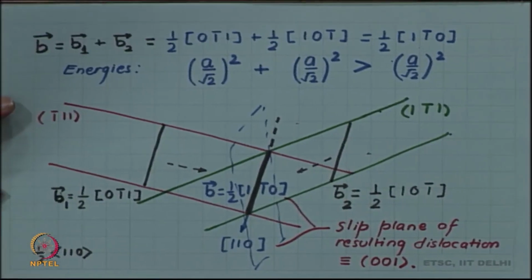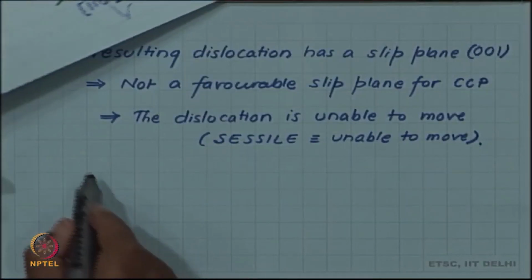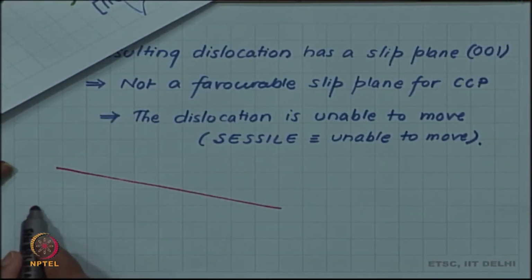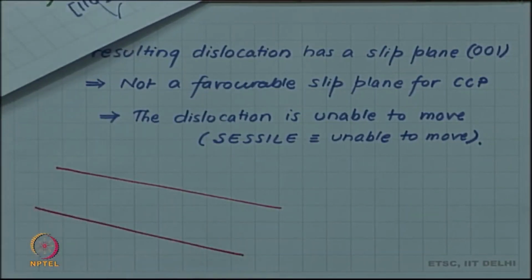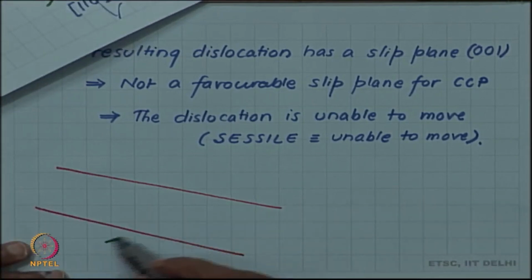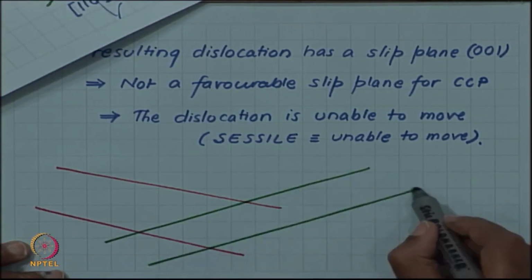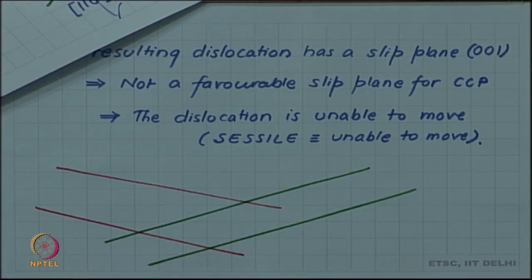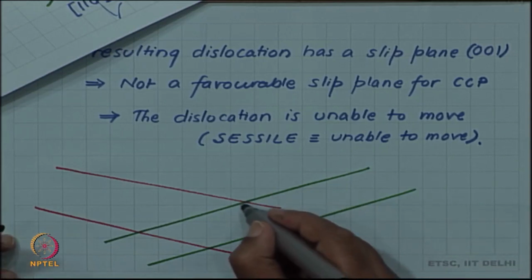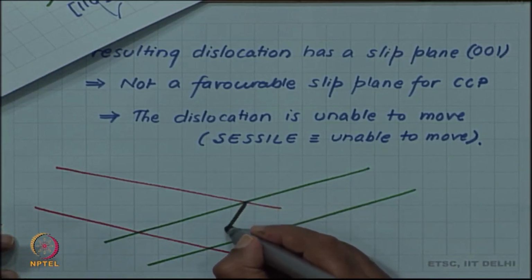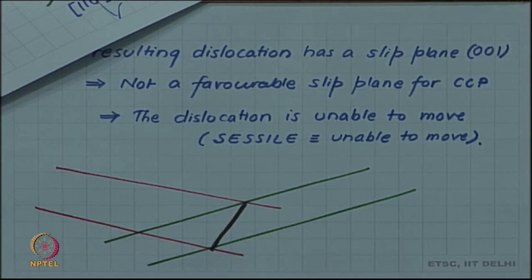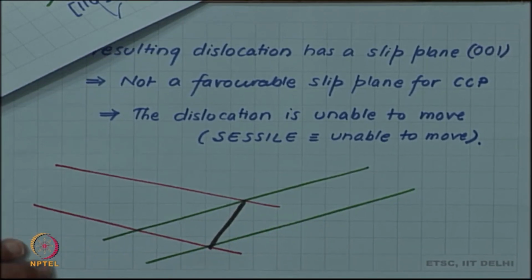So, now you can think of this red plane and the green plane as two highways on which this sessile dislocation now is a traffic jam.